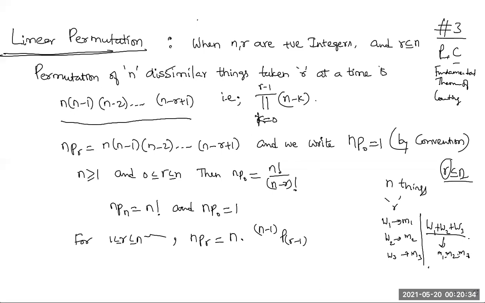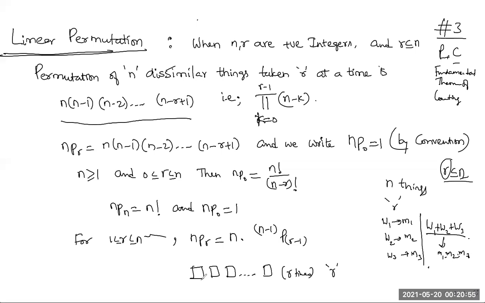Suppose there are totally n elements, out of which we are choosing r. Okay, so we need to choose r elements. Suppose we have taken r empty boxes like this. Okay, so the total number of boxes is r, that is r boxes are there.